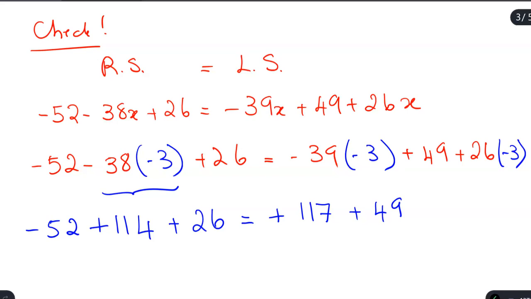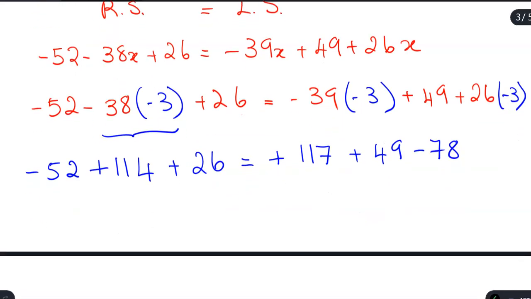And 26 times 3 should give me 78. It should be a negative 78. Okay, so let's see what we have. You can just use your calculator and then check your answer. So on this side, I should have 88. So let's see if we have the same thing on the other side. Yes, I have 88 as well.